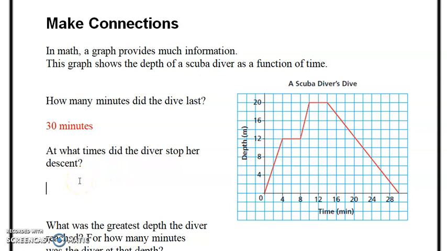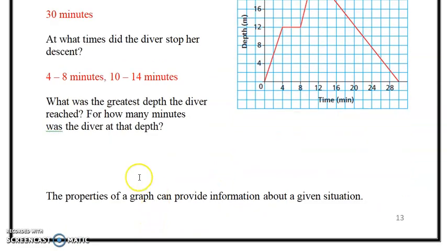So we say from 4 to 8 minutes, the diver did not go up or down in the water, and also from 10 to 14 minutes. So those were the two intervals in which the diver did not go any lower.